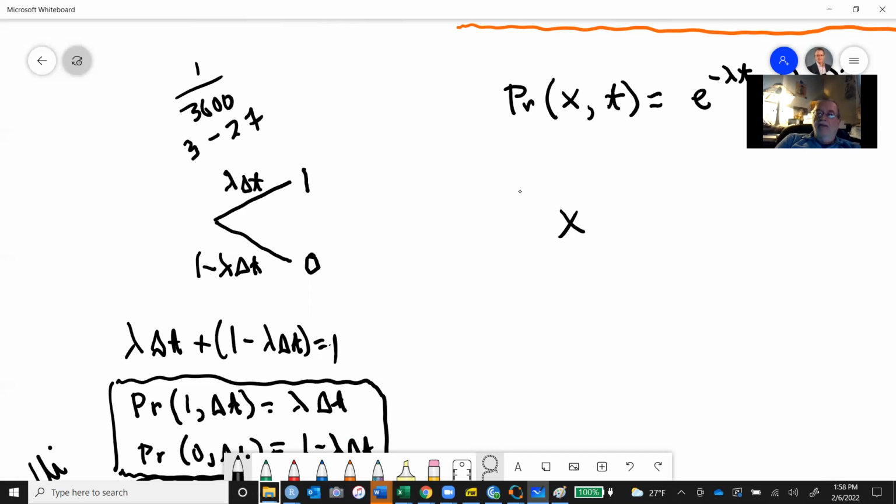So to get X, we can start out with X arriving at time t over a small time interval. The end of the small time interval is delta t. We can let that interval get ever smaller, but I think this is pretty small.